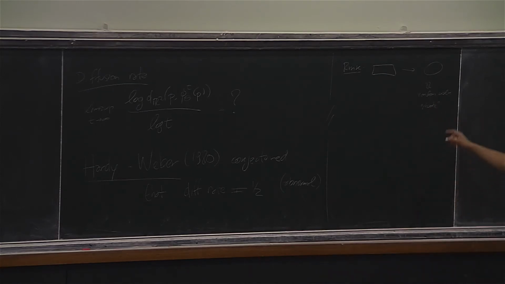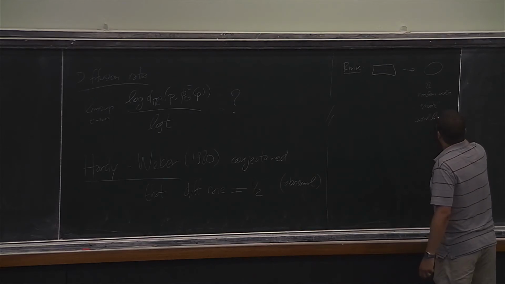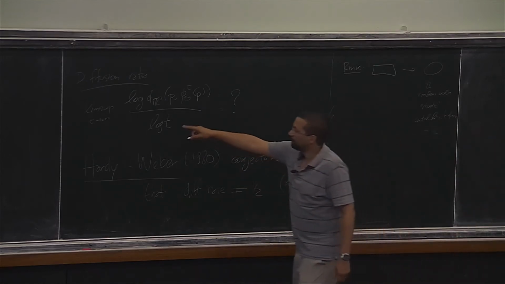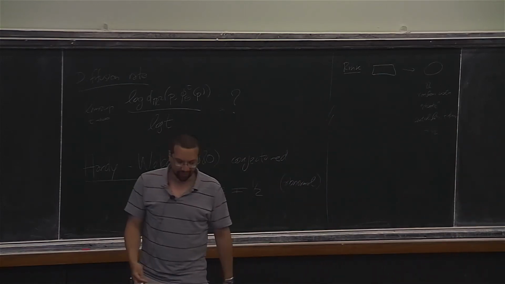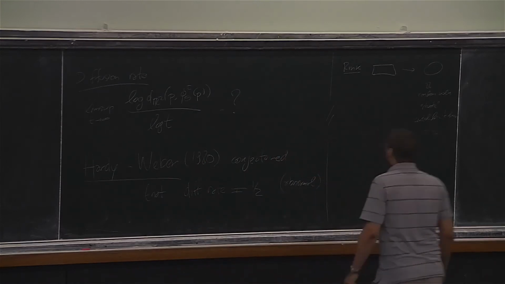And for chaotic systems, so for random walks, you have the central limit theorem, which you can translate to say that this number should be 1/2. It's about square root of t, the distance. And so abnormal is that the law is not normal, the normal law. Okay, and so this conjecture was open until recently.